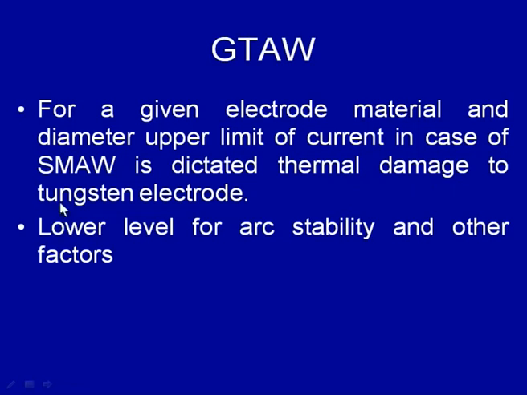Use of an excessively high welding current in the GTA welding process leads to very rapid thermal degradation of the electrode, which decreases the life of the electrode very badly, and therefore too high a current is also avoided for a given electrode diameter. Therefore, electrode material and electrode diameter must be kept in mind while setting the upper level of the current, and for setting the lower level of current, we need to see that the arc is stable.